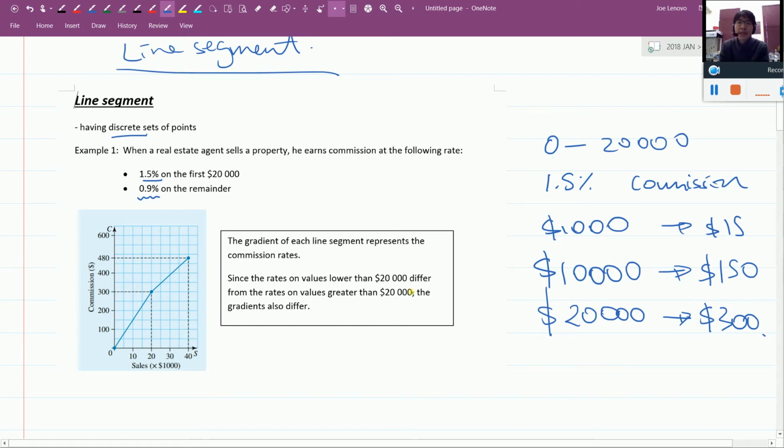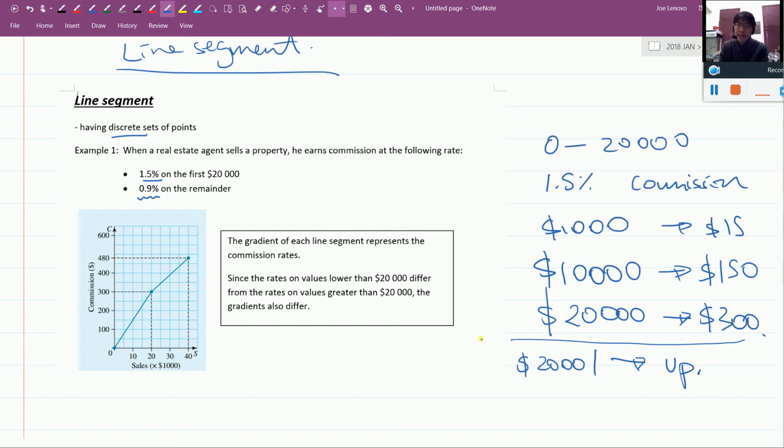However, once you get past this initial amount, you will find that the commission gets a bit smaller. It's only 0.9%. So from $20,001 and up, there's another scale.